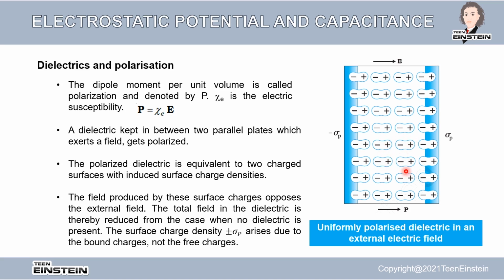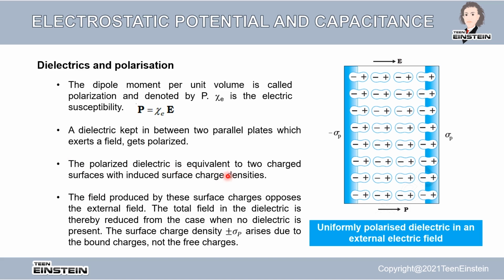The only thing left will be this sheet of charge here with negative charge on it, because it is at the end and there are no positive charges on the left side. If you take the right side, again a sheet of positive charges is left here. So this whole dielectric can be considered as a sheet of negative charges here and a sheet of positive charges here. So that's what this point says.